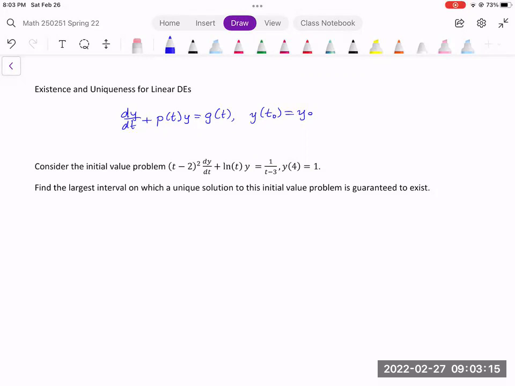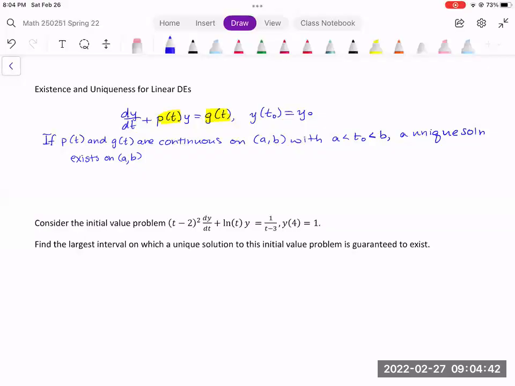then as long as the coefficient functions p(t) and g(t) are continuous in an interval containing t_0, then on that whole interval, we are guaranteed a unique solution exists. And that existence doesn't depend on the value y_0 at all.